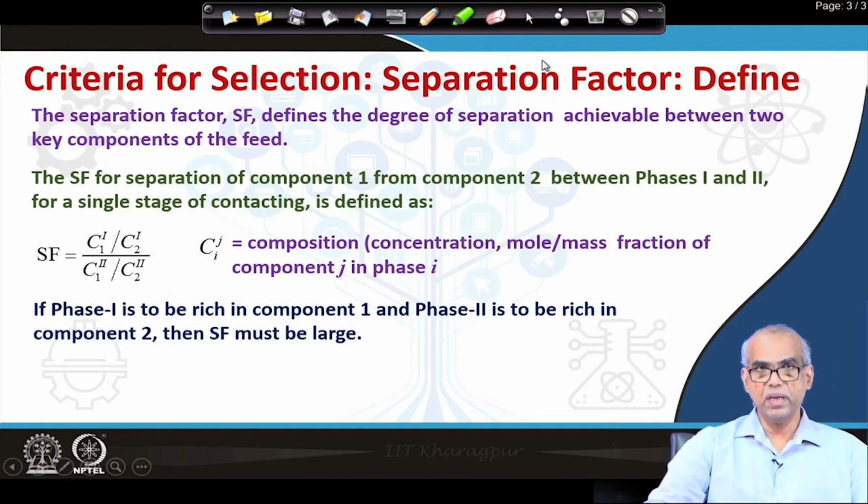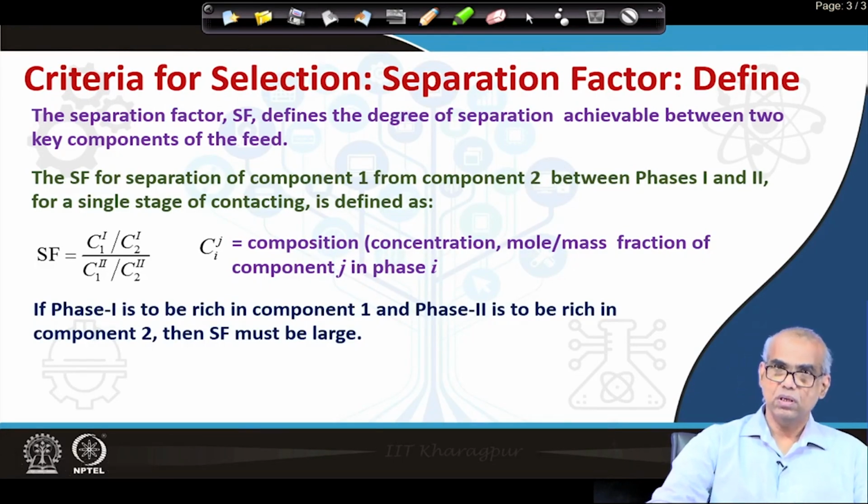If phase 1 is to be enriched in component 1 and phase 2 needs to be enriched in component 2, then according to the definition of the separation factor, you can conclude that the separation factor must be large.